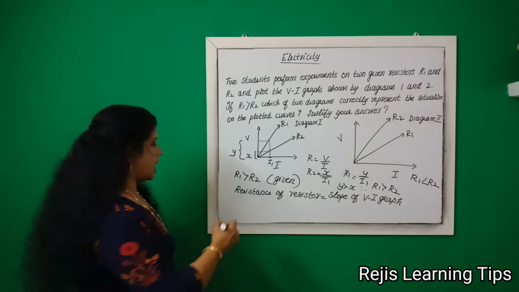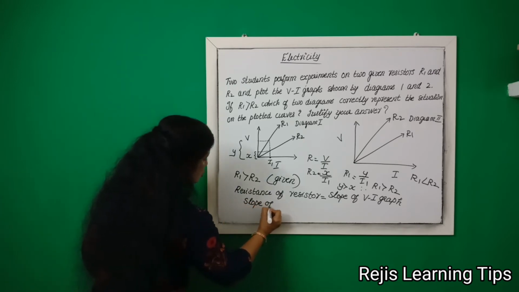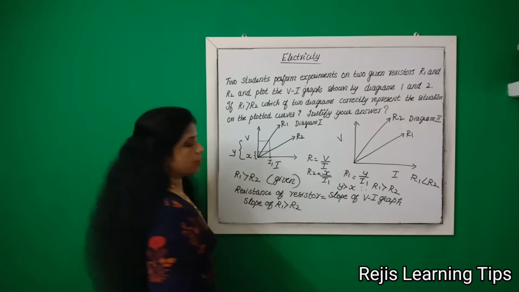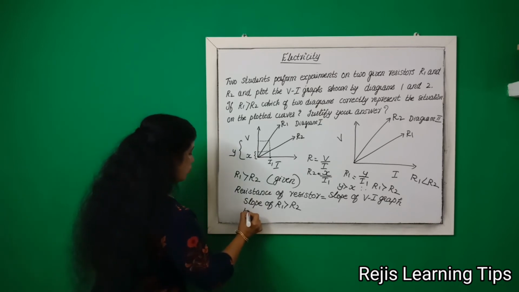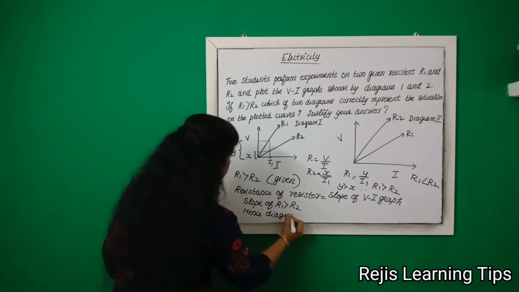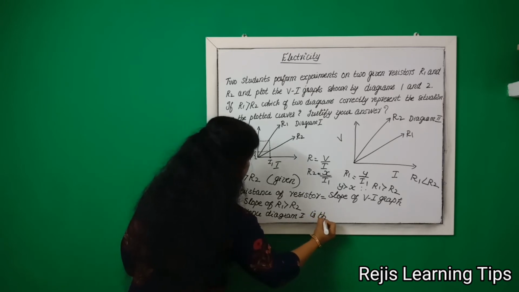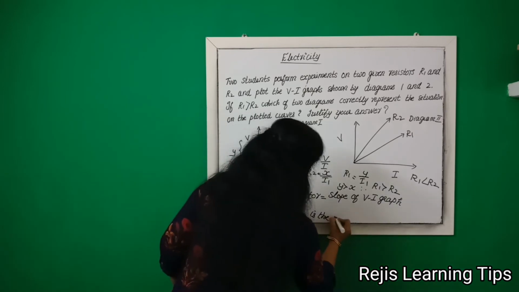So the slope of R1 is greater than R2. Slope of R1 is greater than R2. Hence diagram 1 is the correct representation of the given situation.